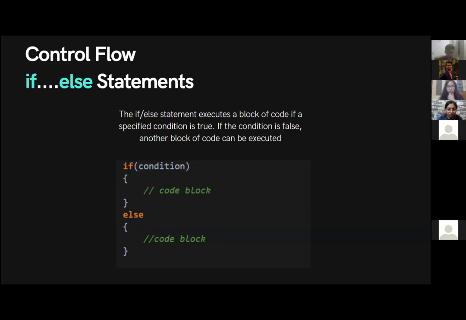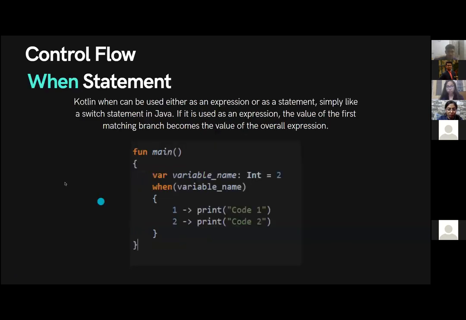Let us go to another thing called the when statement. If you ask what is when, it is nothing but the same as the switch case that you use in other languages such as Java and C. In the when statement, you can use an expression or a condition inside the brackets. It's simply like a switch statement, as I said before.